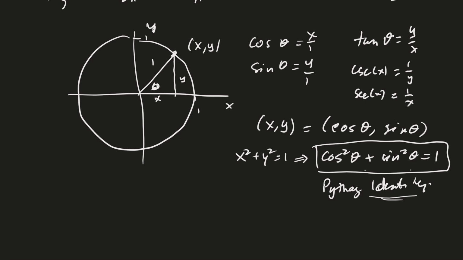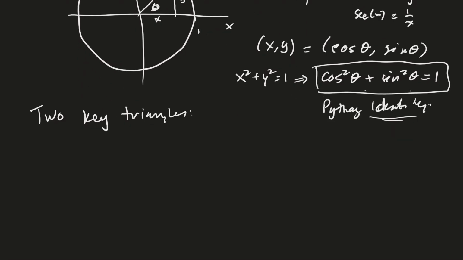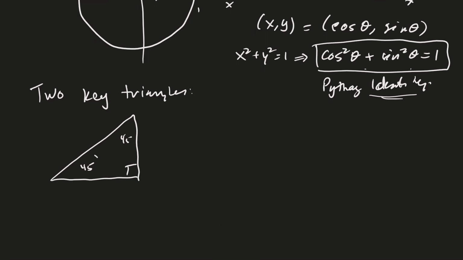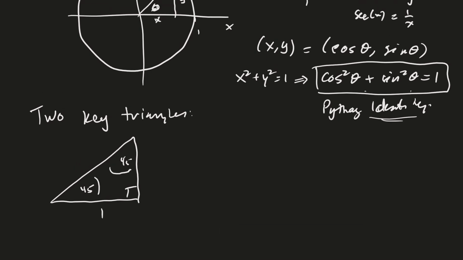All right, now before we get too much further here, there are two important triangles that we want to remember. Two key triangles. One is going to be the 45, 45, 90 triangle. And the ratios of the sides here, because these are equal angles, is going to be 1 to 1 to the square root of 2.